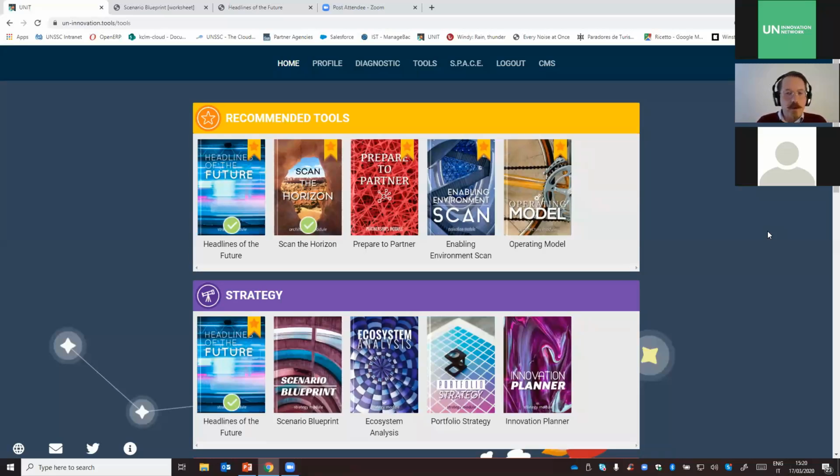However, what we are also hearing is that what the toolkit is providing is structure and the ability to scope and contextualize.